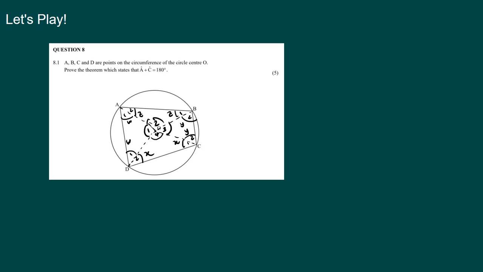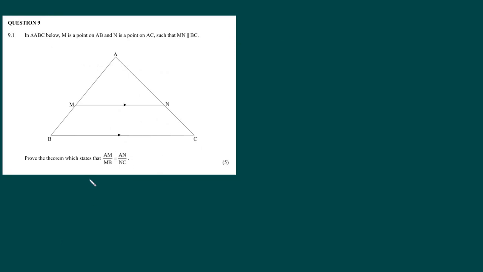Right. Next, they give you this one. You have to prove, they say in triangle ABC below, M is a point on AB and N is a point on AC, such that MN is parallel to BC. Prove the theorem which states that AM over MB is equal to AN over NC. What do you do? Join, right?